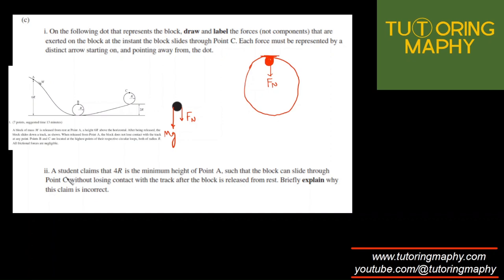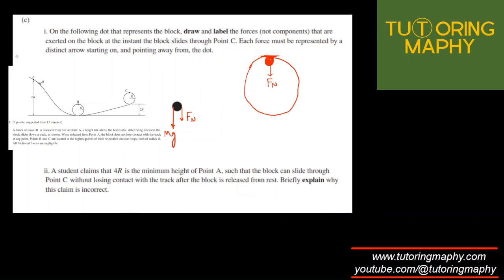The next one is a student claims that 4r is the minimum height of the point A such that the block can slide through point C without losing contact with the track after the block is released from it. Explain why this claim is incorrect.